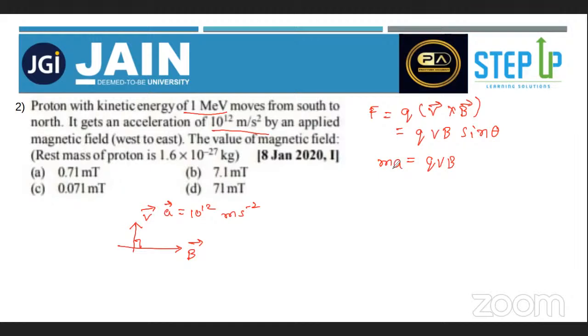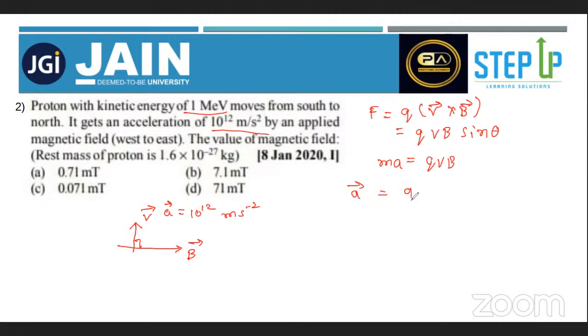I think all the values are known to us. We just have to substitute them to get the answer. There's no unknown in this. So we have to find the acceleration.